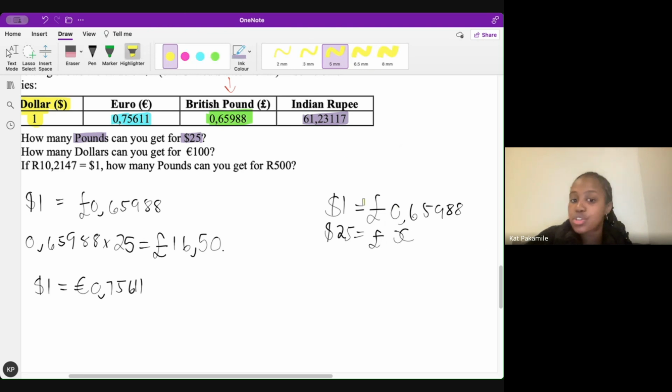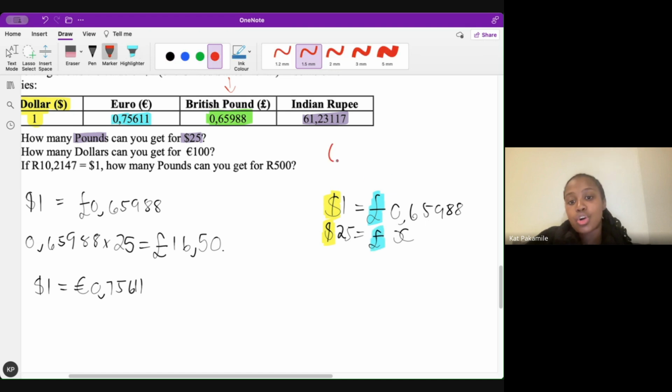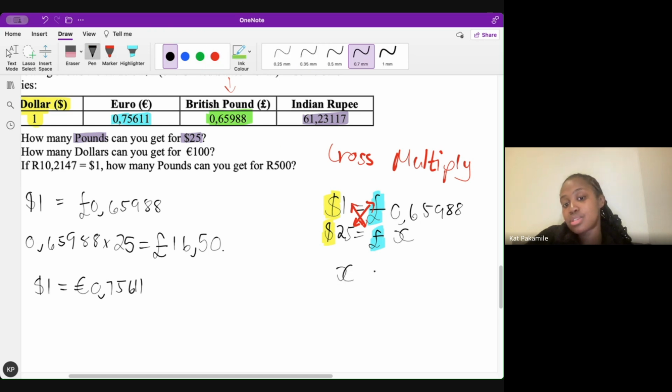Now, firstly, before I show you this method, I want you to make sure that the same currency is on the same side. So on my left-hand side, I have my dollars. On my right, I have my pounds. Then we're going to cross multiply. Okay, that means I'm going to say 1 times X is equal to 0.65988 times 25. Is that not the method we used? That is the method we used, right?